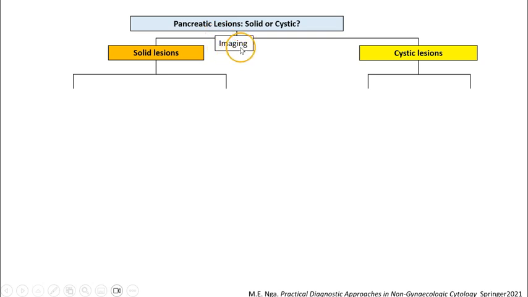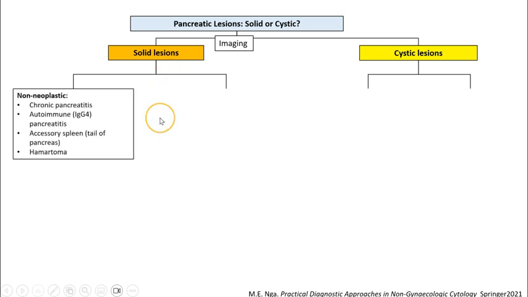And of course, imaging will tell us the answer. Most, if not all, of these cases will have prior imaging before the EUS-guided FNA procedure. So I've divided this into solid and cystic lesions, and we will look at solid lesions in this video, and in the second part of this 2-part video series, we will cover cystic lesions.